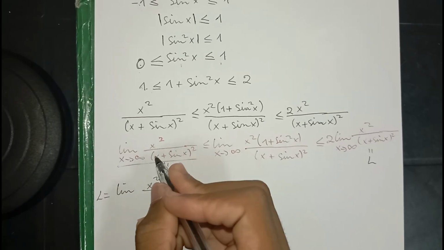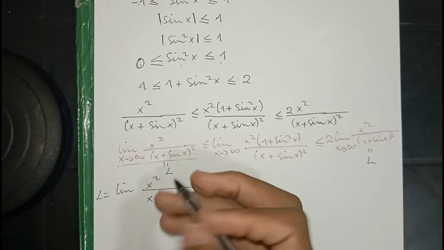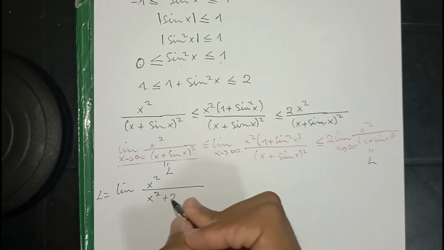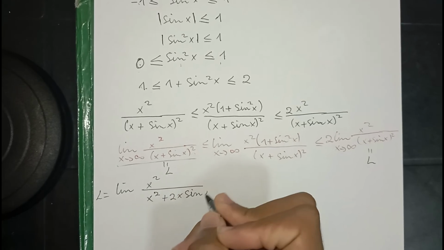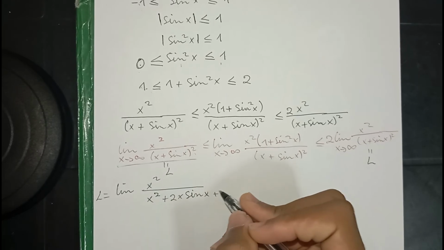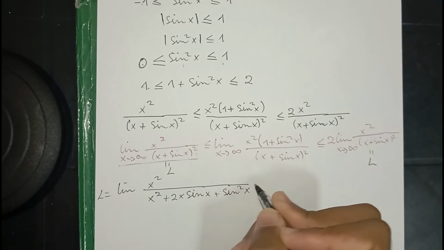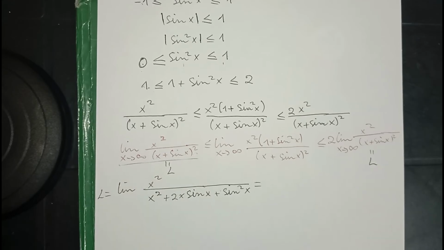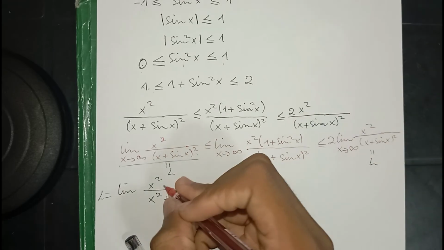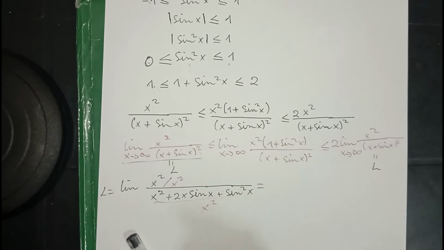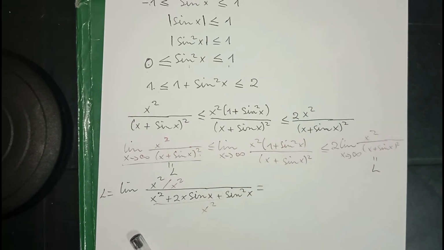So if we use the property here, we get x squared plus 2x sine of x plus 1 plus sine squared of x, right? So what I'm going to do is divide here by x squared and here by x squared, right?